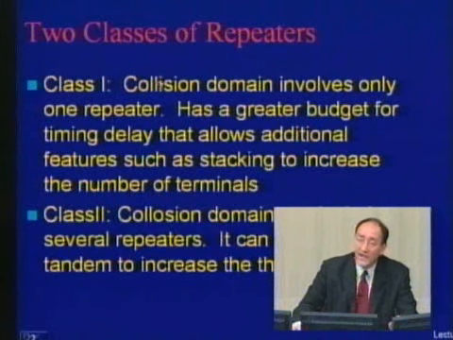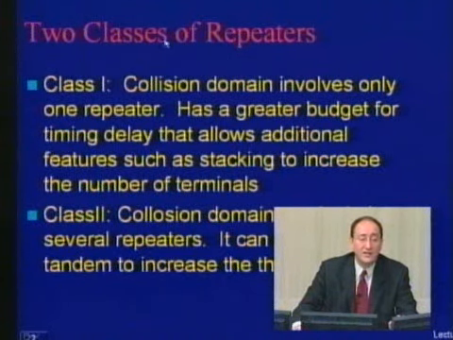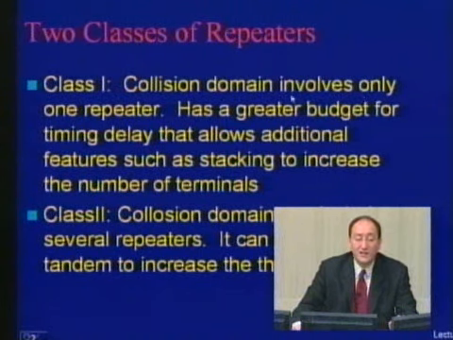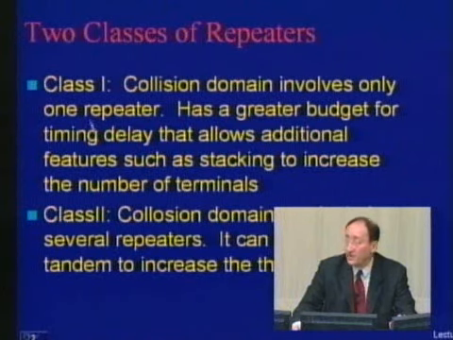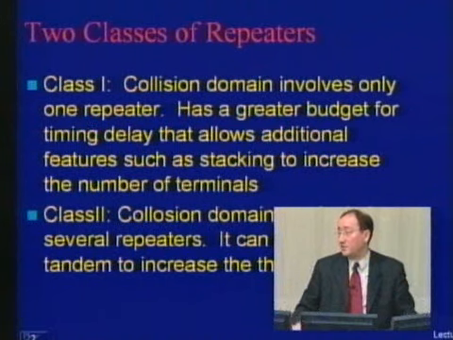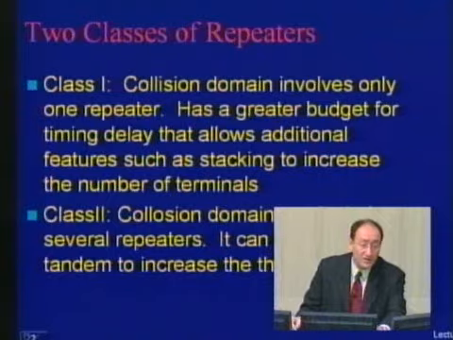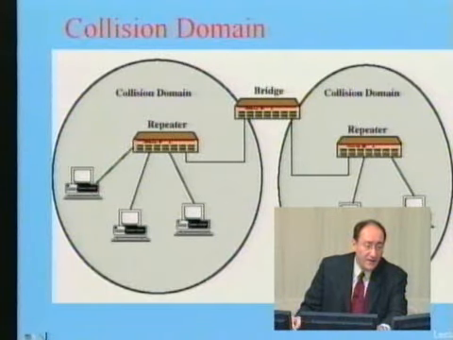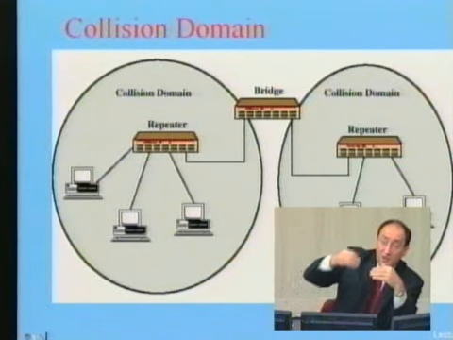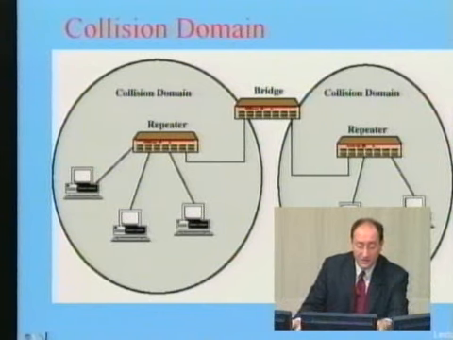They define 2 classes of repeaters. One are the repeaters where the collision domain is only in one repeater. The other one is the one where the collision domain can be shared between 2 repeaters. That's like another format in there of those clauses. So generally, collision domain is the number of terminals who share the same collision with one another.